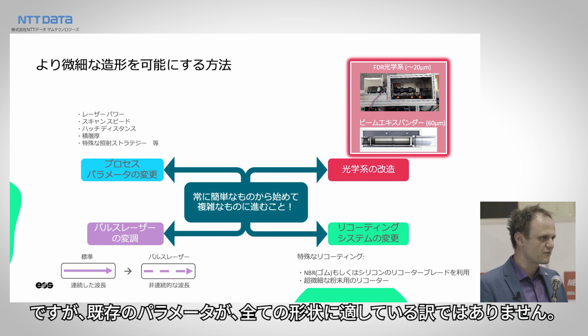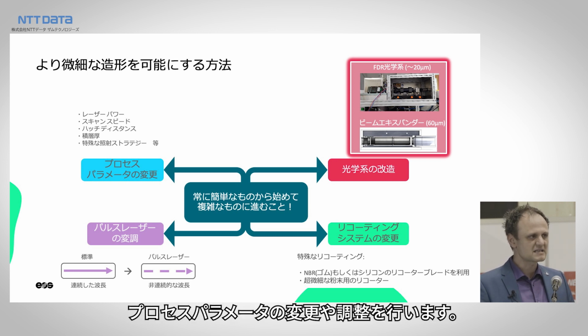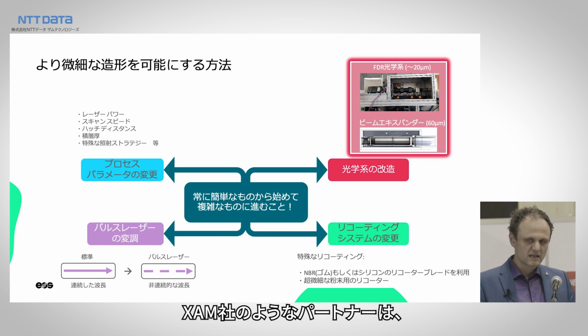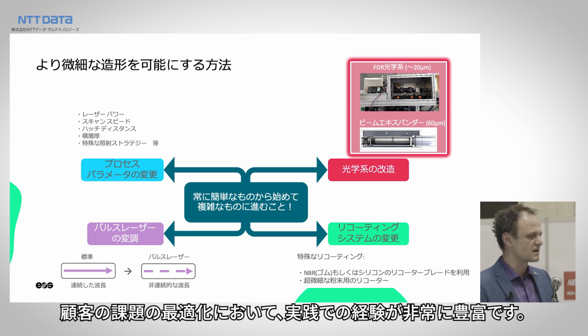And it is very often required that the application engineer or the engineer that is designing a component has the possibility to have an open parameter set to modify and fine-tune parameters for a specific application. So typically the EOS parameters give you a robust and good and solid quality, but partners such as Exam from EOS, they have very good experience in how to optimize exposure parameters for a specific customer problem.